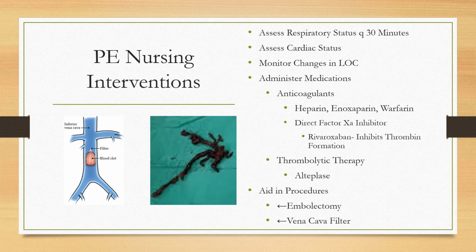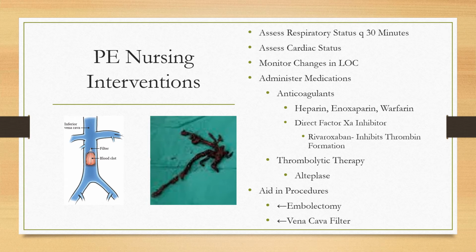What else could be done? Again, this is a bit of a Hail Mary, but if someone comes in with a massive PE, we could try TPA, that thrombolytic therapy, or they could be rushed to surgery to see if an embolectomy is possible, where they open up the chest, get into the pulmonary artery, and see if they can get that massive clot out.